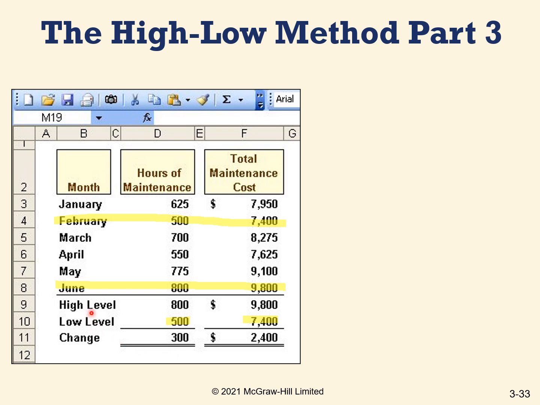So if we look at our high level and our low level for hours of maintenance, our high level had 800, our lowest level had 500. So the change between them is 300 hours. And then if we look at our total maintenance cost, our highest level had $9,800 and our lowest level had $7,400, for a change of $2,400 total.